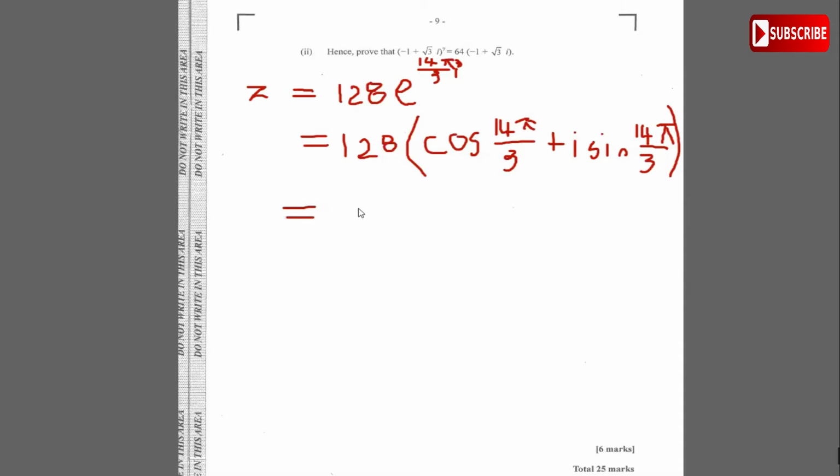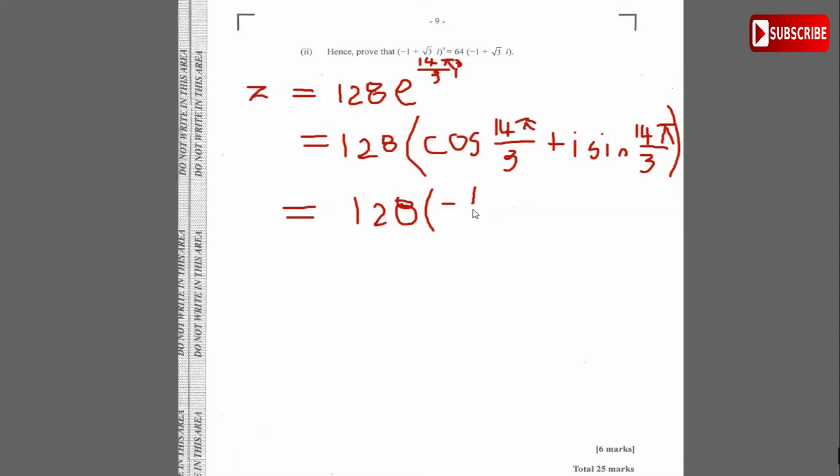You put in a calculator cos of 14 pi divided by 3, and you get 128 times, I'm getting minus a half.